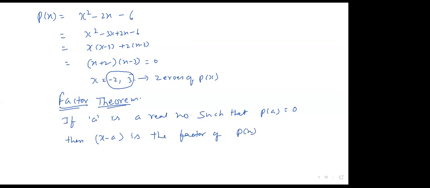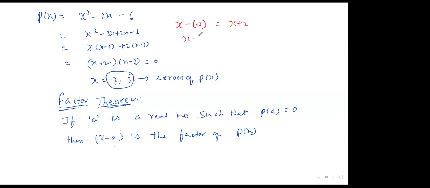See, in the above example, we have negative 2 and 3. This is negative 2 and this is 3. So if negative 2 and positive 3 are the zeros of p(x), then x minus a, where a is negative 2, means x plus 2.